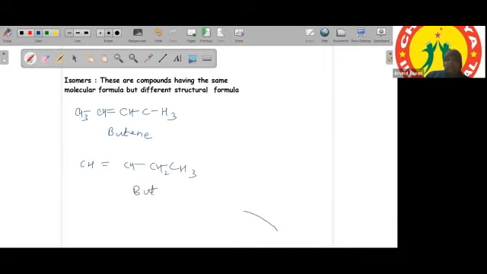But they have differences: in this one you have the double bond at the second carbon, here you have the same double bond at the first carbon. So they are isomers of each other. They have the same molecular formula. The molecular formula for butene is C4H8, and the formula for this one will also be C4H8.